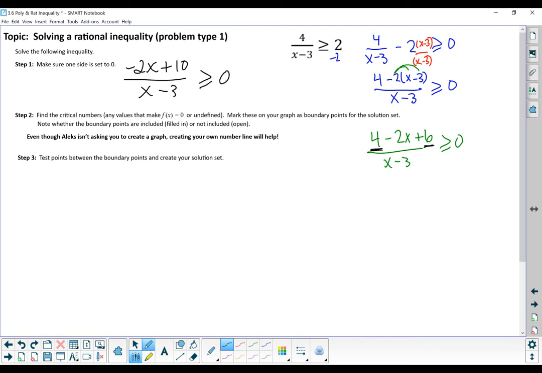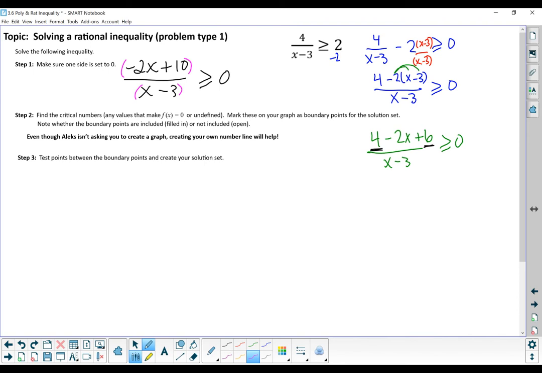Okay, so this is an interesting case where we do have two little expressions that are going to give us our critical numbers, but one of the critical numbers is coming from our numerator and one critical number is coming from the denominator.